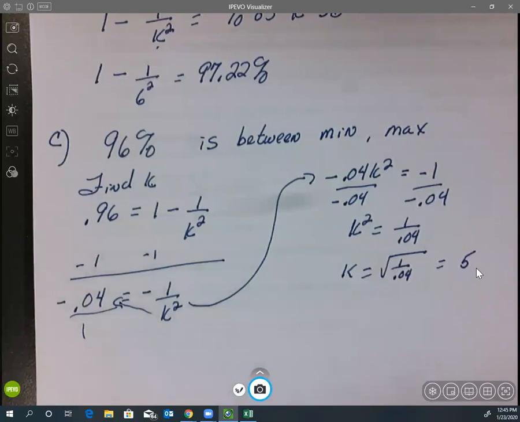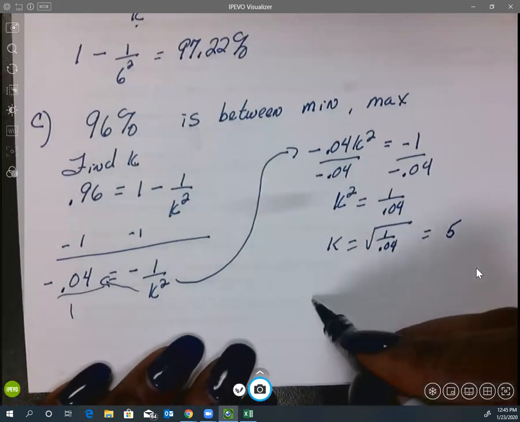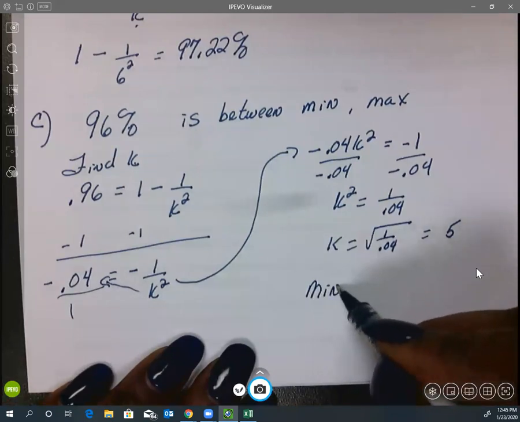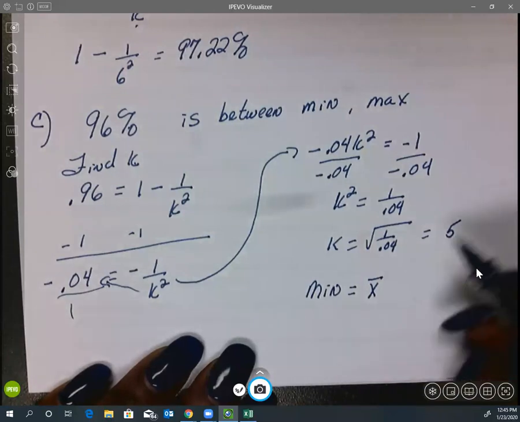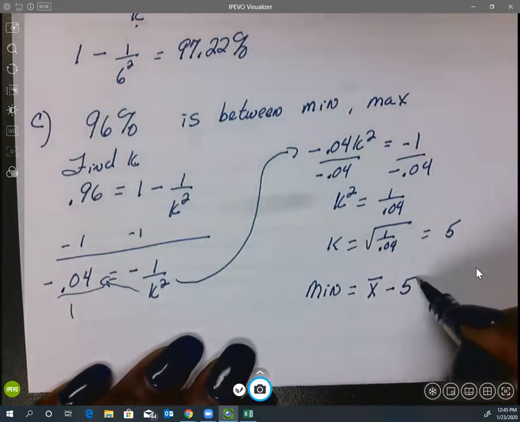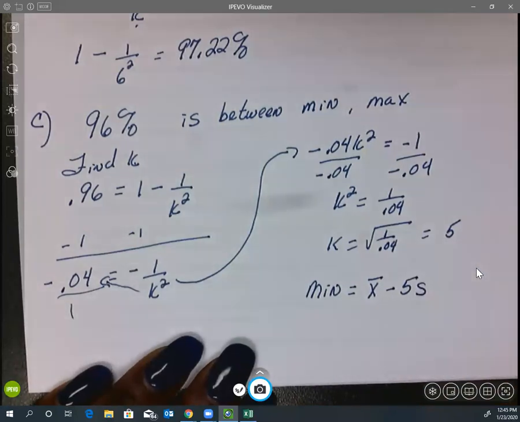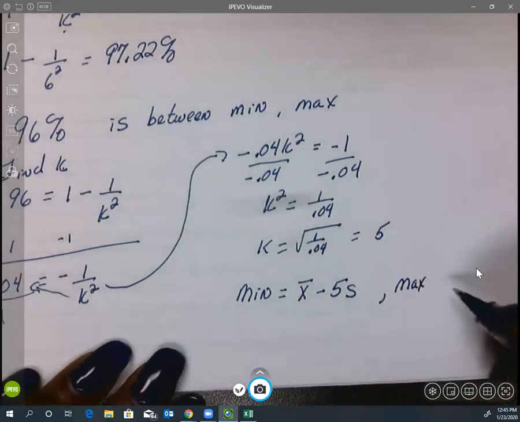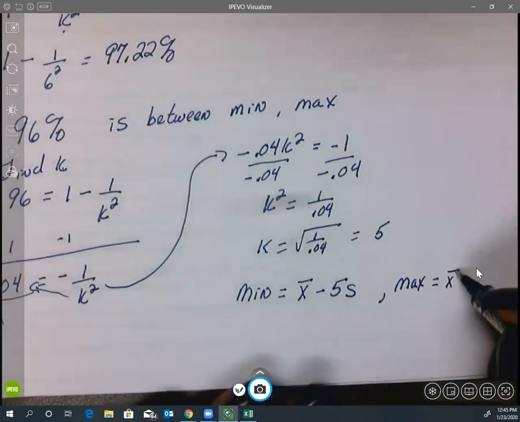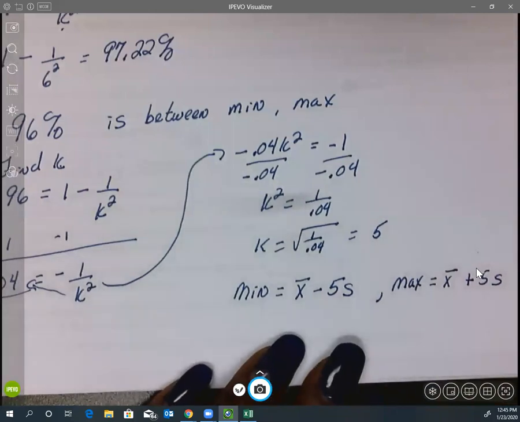Okay. So once we have my K, now I can find my minimum and maximum value. Your minimum is going to be your mean minus 5, your K is 5 standard deviations. Your max is going to be your mean plus your K that we just found, which is 5 standard deviations.